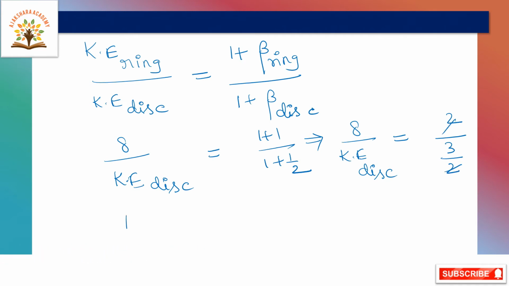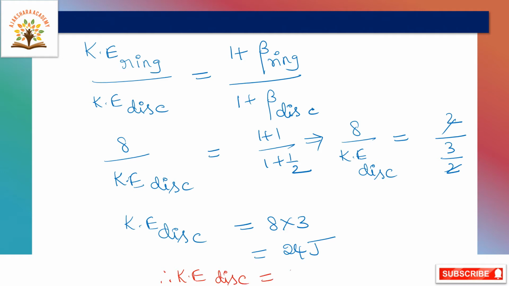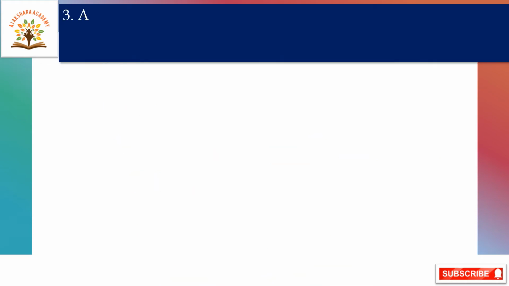So from this, taking cross multiplication, kinetic energy of disc is equal to 8 into 3, 8 threes are 24 joules. So therefore kinetic energy of disc is equal to 24 joules. Okay, next we will go to the next question.